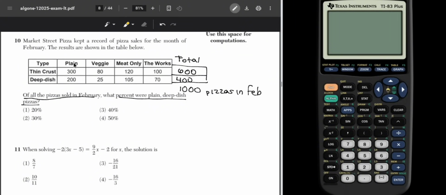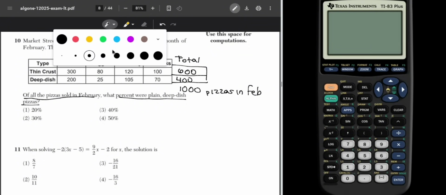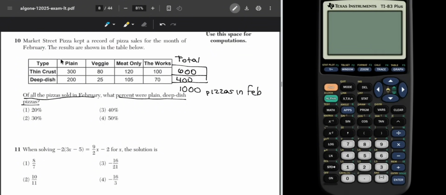And I found these totals just by adding all the types of pizzas together. You can add them across, you can add them horizontally, you can add them vertically, but you're going to end up with a total of 1,000 pizzas in February. Now, they're asking what % were plain deep dish pizza. So I'm going to look at plain right here. So this is plain. Okay? And then they ask specifically about deep dish pizzas.